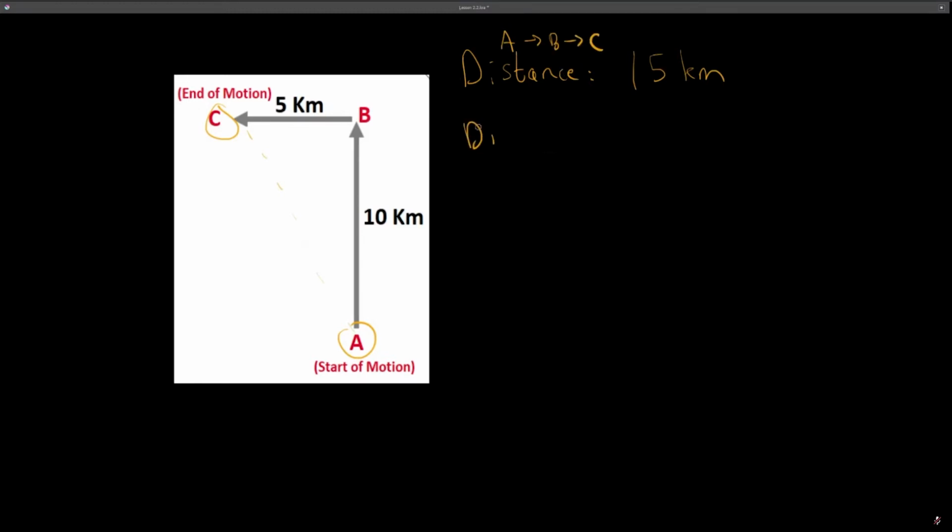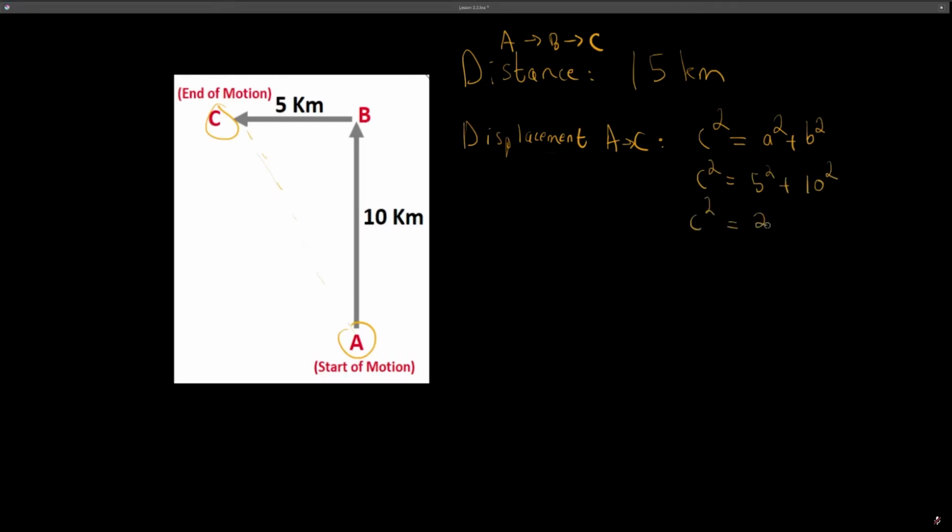Now the displacement from A to C is equal to this hypotenuse of this triangle. So as usual, we do c squared is equal to a squared plus b squared. C squared is equal to 5 squared plus 10 squared.